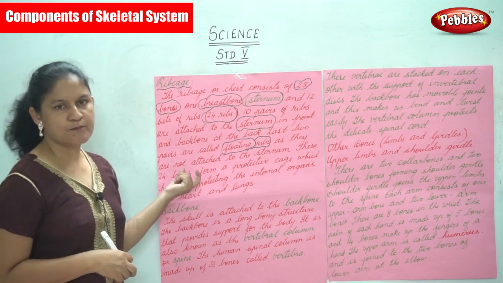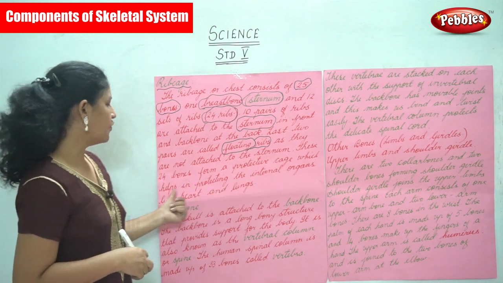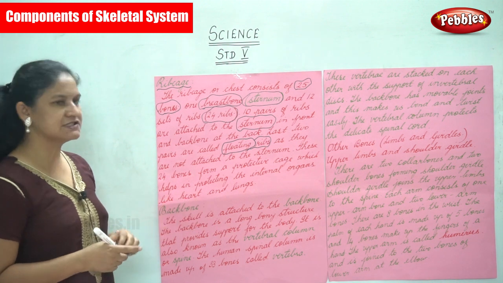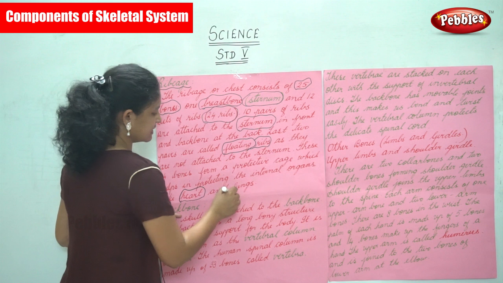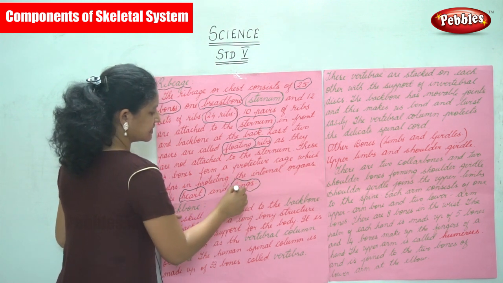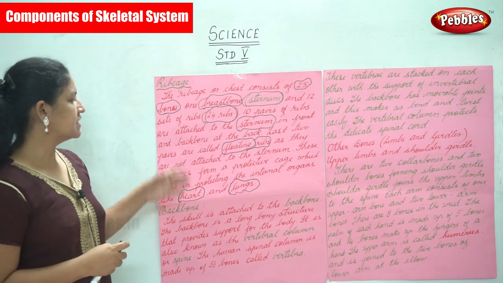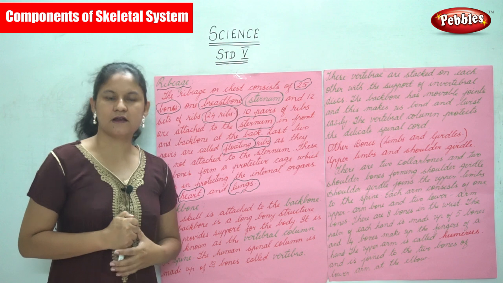These 24 bones form a protective cage which helps in protecting the internal organs, that is your heart and lungs. So we've seen that the skull protects the brain, and the rib cage protects the heart and lungs.